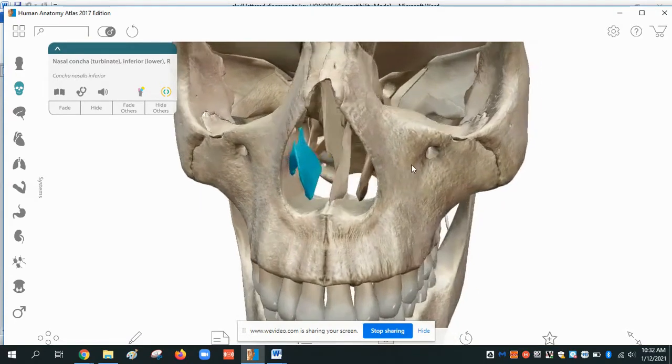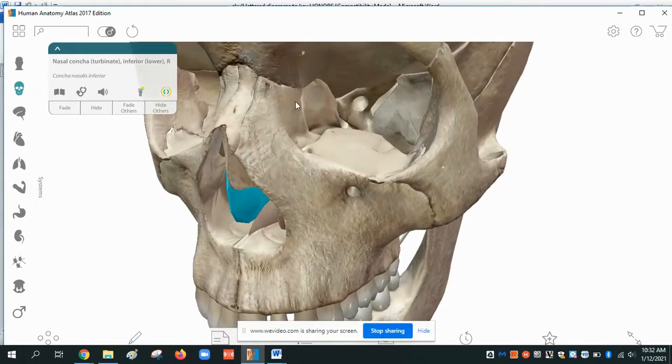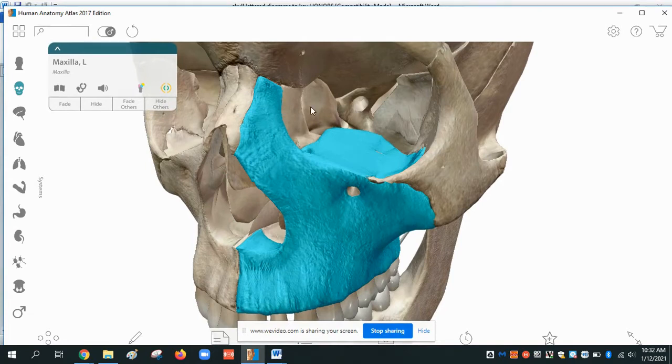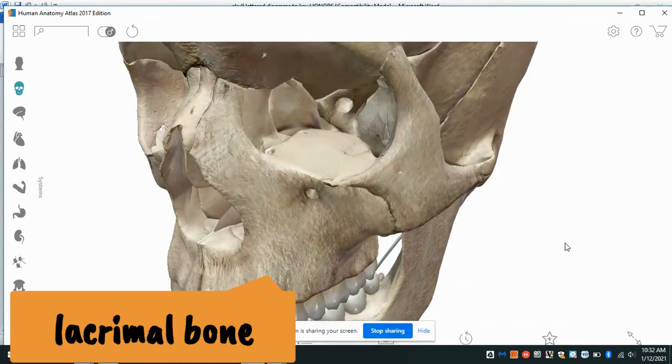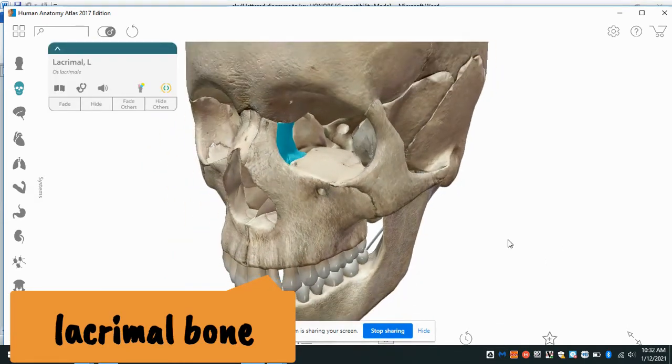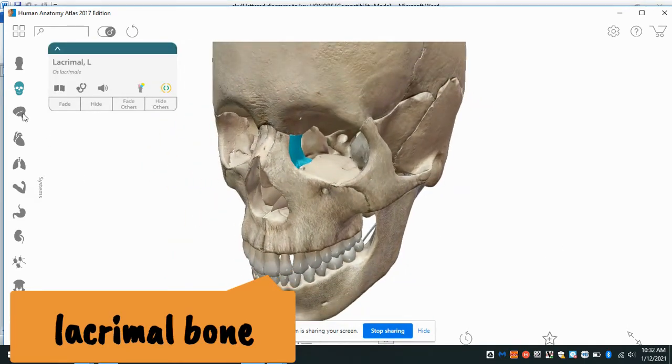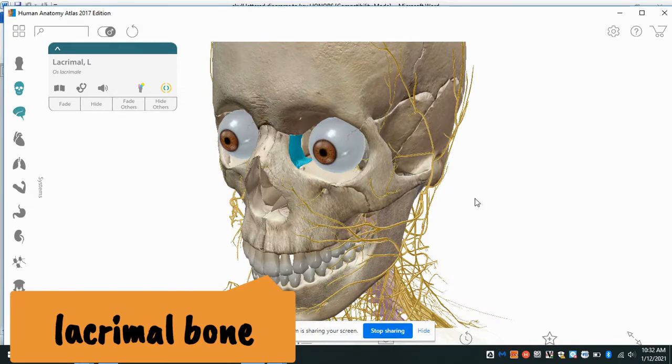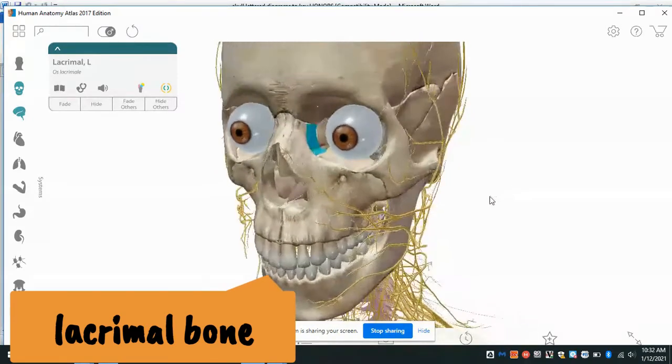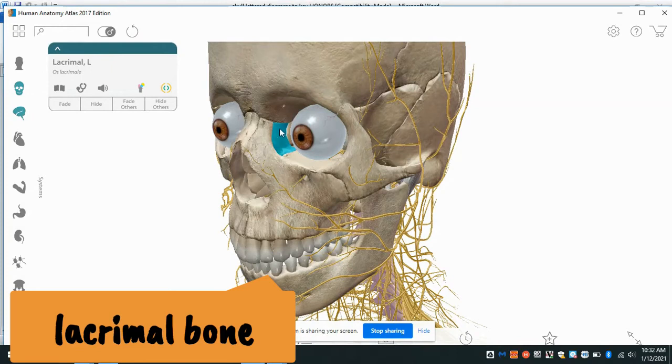And then up here, so here was maxilla, here's ethmoid. Between them is this tiny little bone called the lacrimal bone. Now, if I zoom out, I'm going to creep you out for a second. Here's the eyeball. So you can see in reference to the eyeball, lacrimal means tears in Latin.